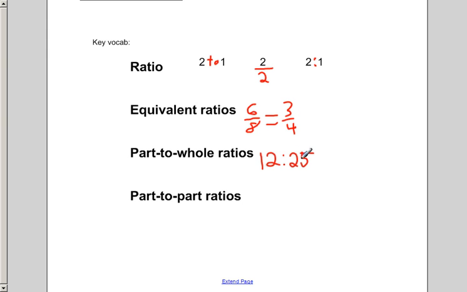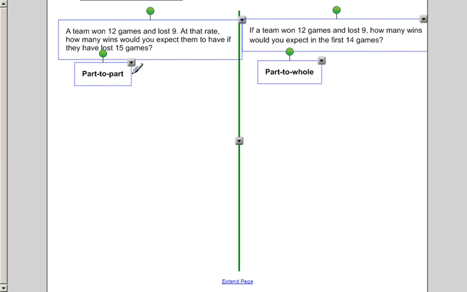So boys to the whole class, whereas a part-to-part would be 12 boys to the other part of the class, which is 13 girls. All right. So those are your important words today.